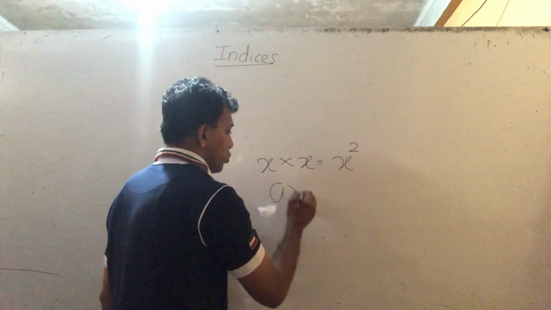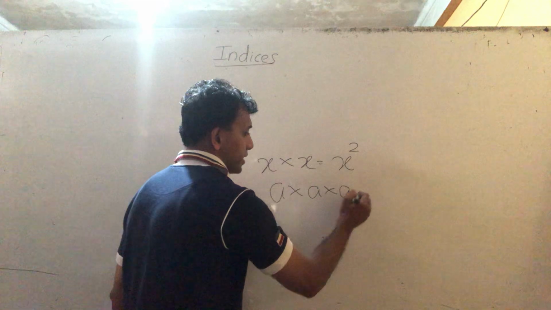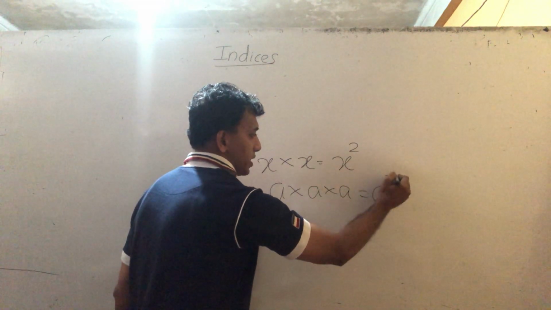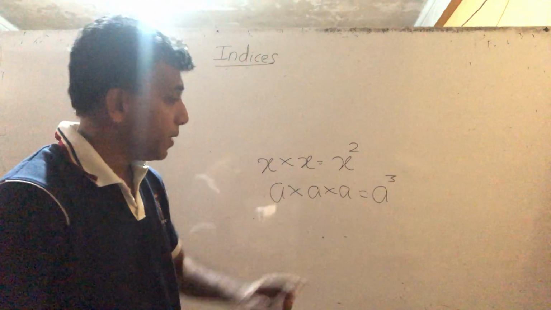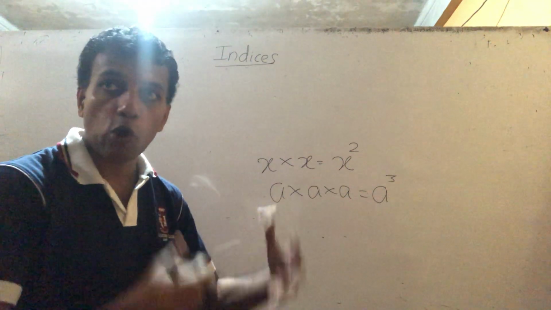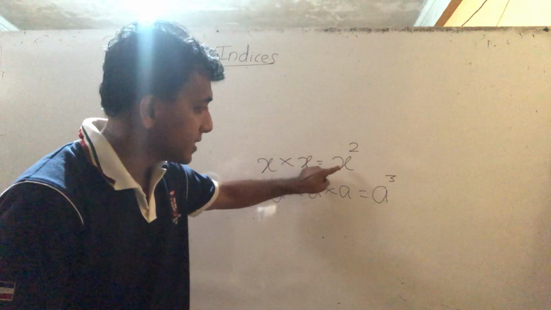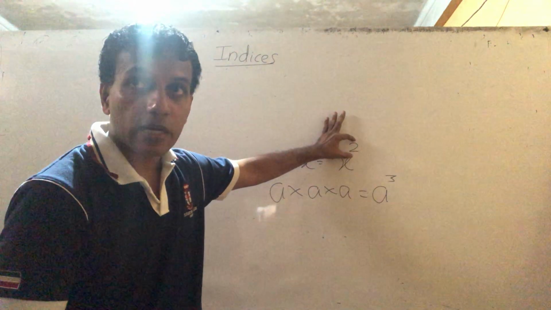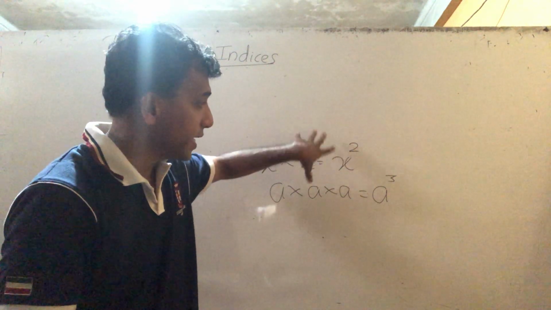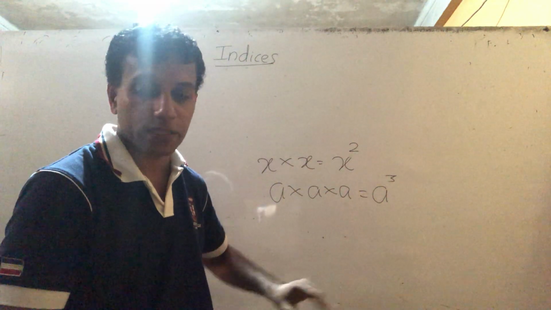So a into a into a, like this, a to the power 3. Like here, the base and power involved we call the indices or index form. Here x is the base, 2 is the index, complete the index form, 2 is the indices.